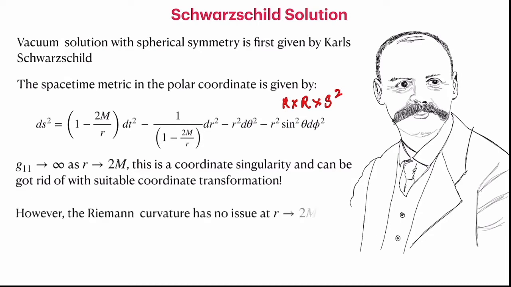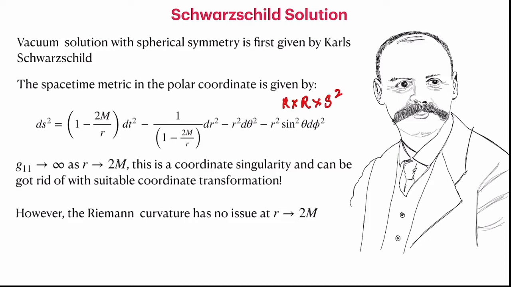But let's see, the Riemann curvature has no singularity at r = 2m, because we are solving the vacuum field equation. The source-free solution is what we have obtained. That means that the Ricci tensor is 0, and so is the Einstein tensor.